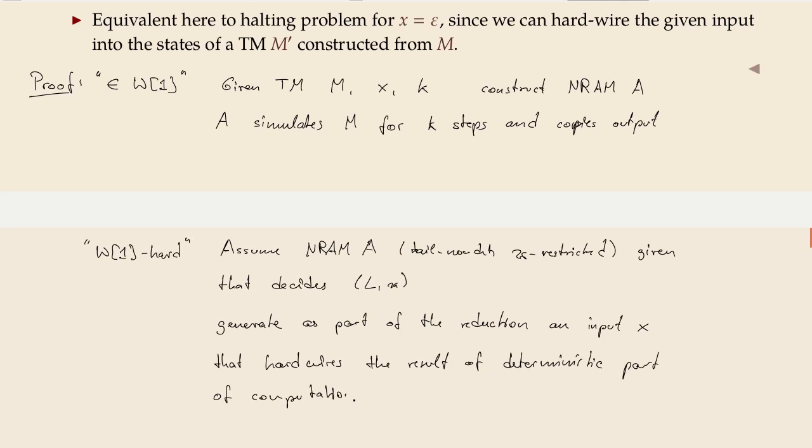So I should maybe add the FPT reduction is considering a certain problem. For that, we have this NRAM A, but also a certain instance X. Right? So given A and X, that's why this is possible.